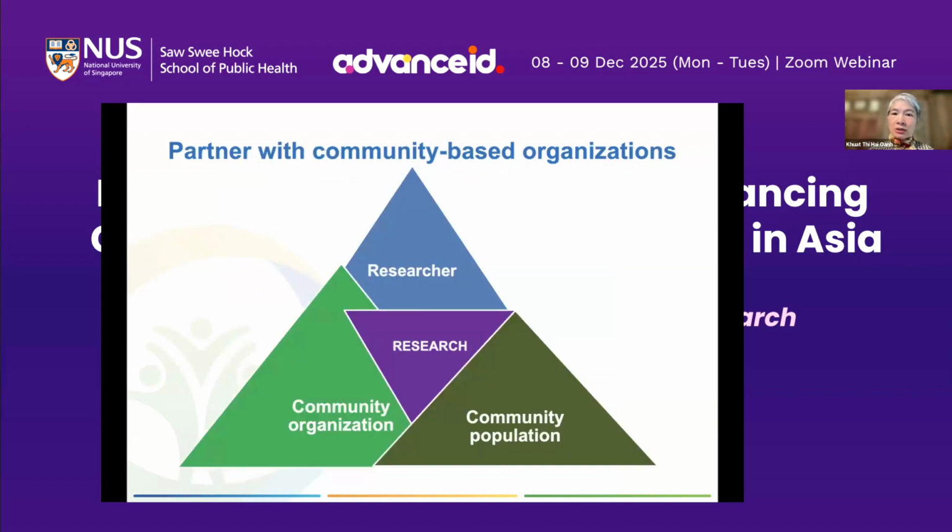What we have found has worked very well for us is to create this triangle of researcher, community organization, and community population. The community organization is an organization of that particular community. For example, when we do research with people who inject drugs, we start first with the community organization of people who inject drugs in that particular city. That helps because the community knows them and they are there.